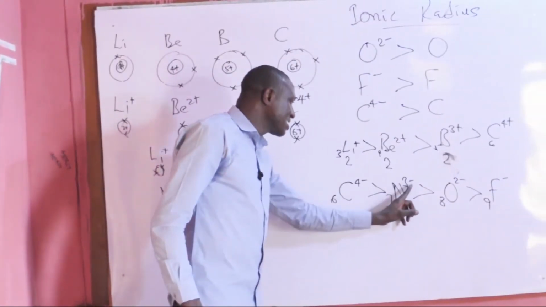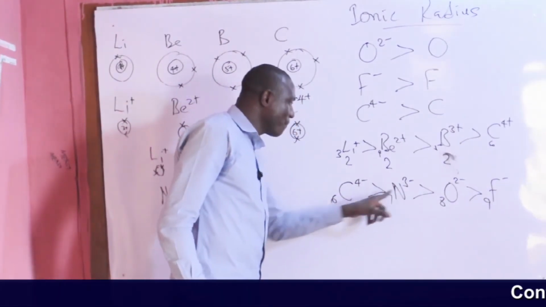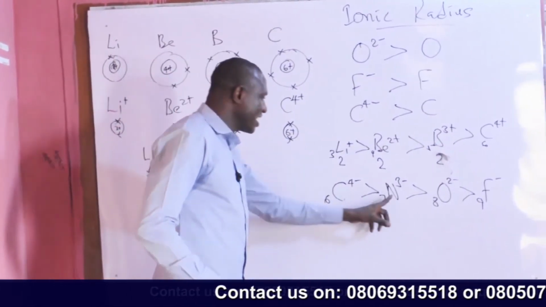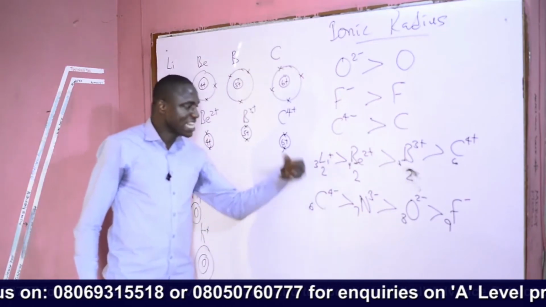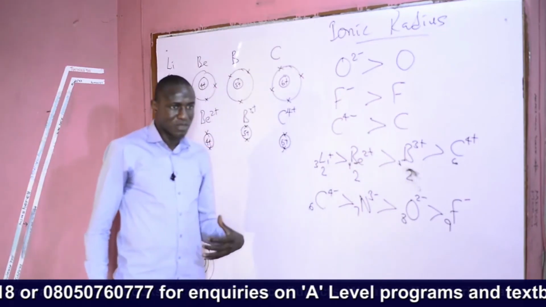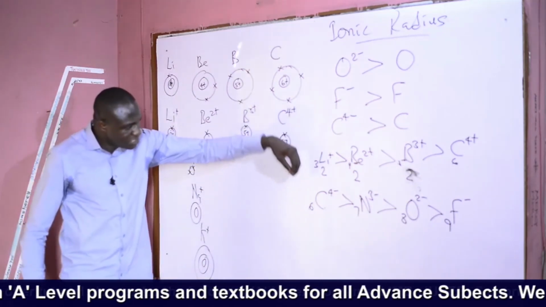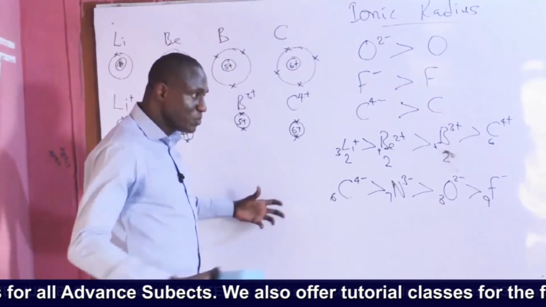While nitrogen has gained 3 electrons. So because more electrons have been gained by carbon compared to nitrogen, you expect this to have a bigger size than nitride ion, despite having lower atomic number. Because the extra electron being gained by carbon makes the electrostatic force of repulsion between the electrons already present in the outermost shell of the element and the electrons being added larger.